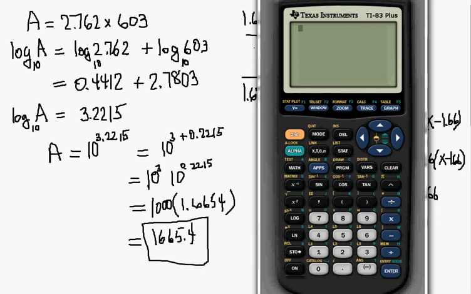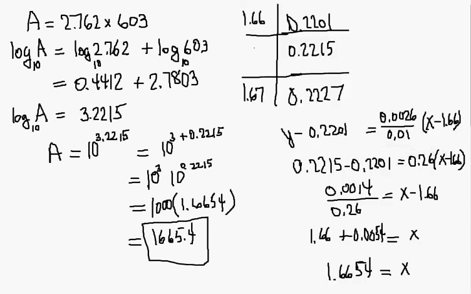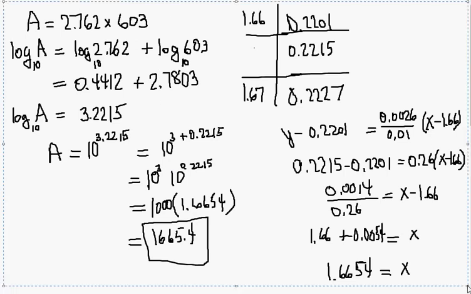Okay, now let's do the same thing again, except this time for an exponential. So the problem in question is 22.83 raised to the 0.25 power. In other words, the fourth root of 22.83.